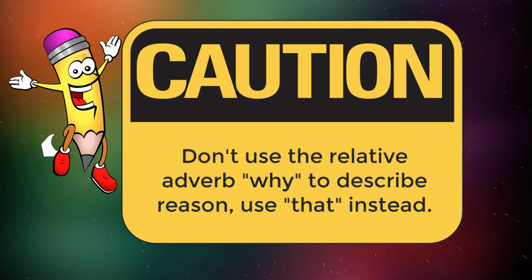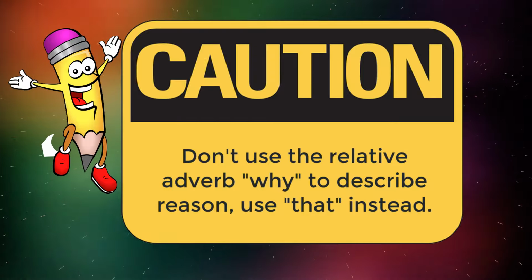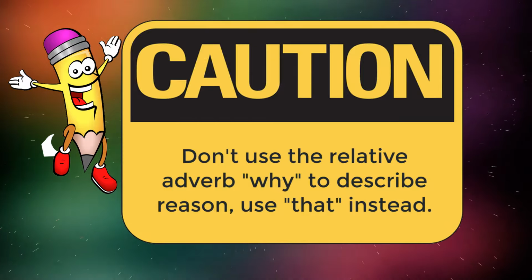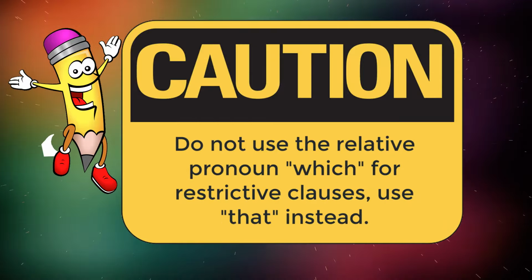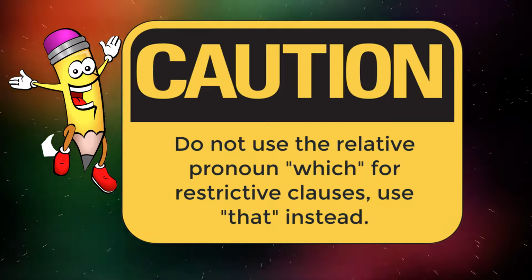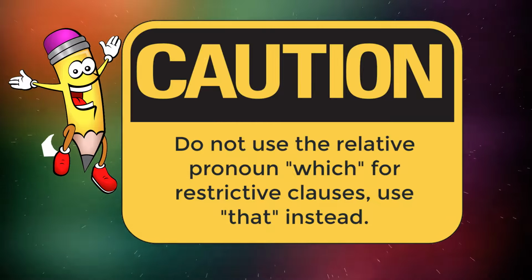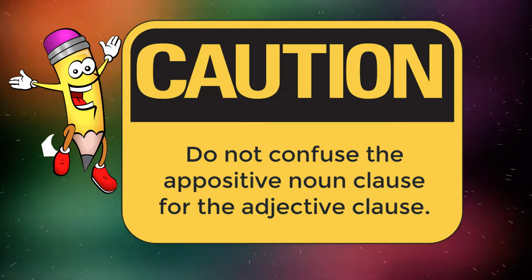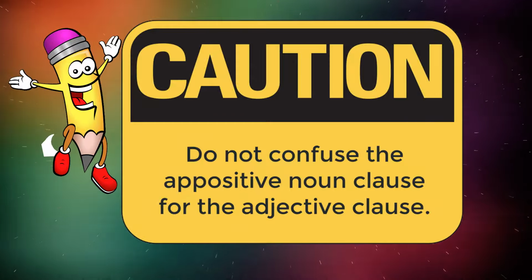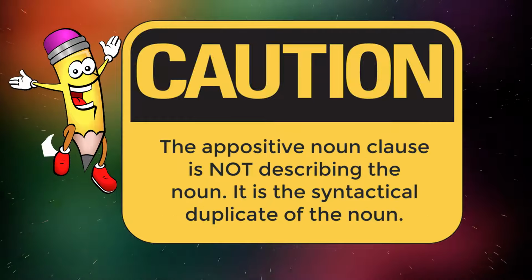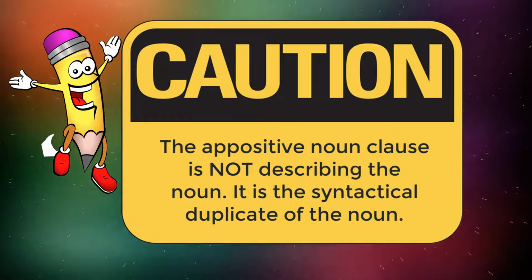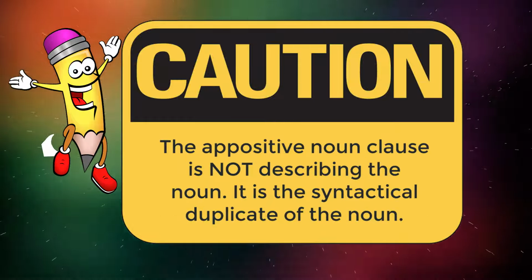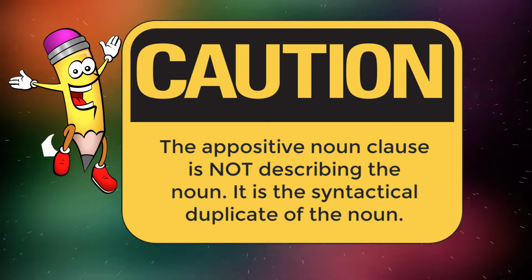The reason that. Another thing to remember is that many grammar or style guides recommend that you do not use which for restrictive clauses. It is preferable that you use that. And lastly, do not confuse the appositive noun clause for the adjective clause. The appositive noun clause is not describing the noun. In essence, it is duplicating the noun.